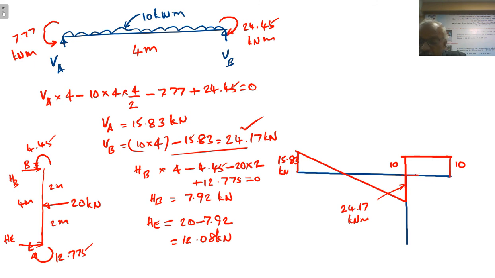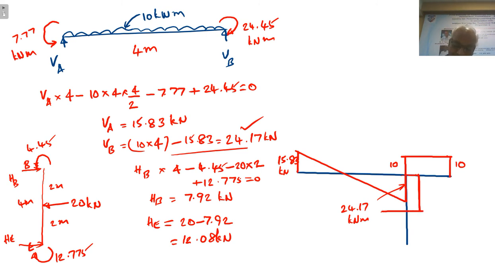So up to the mid height, there is no loading. It is 7.92 only. But at the mid height there is a load 20 kilonewton towards left. Therefore, this will make this to come like this.